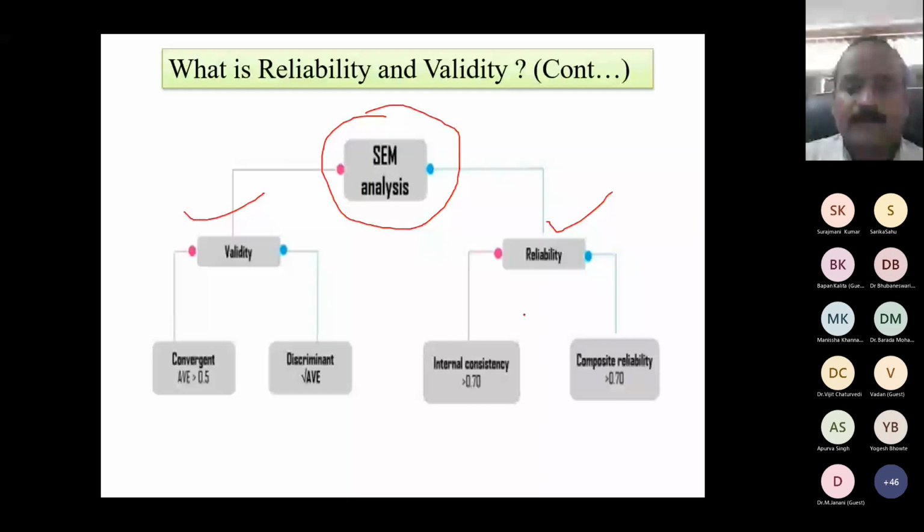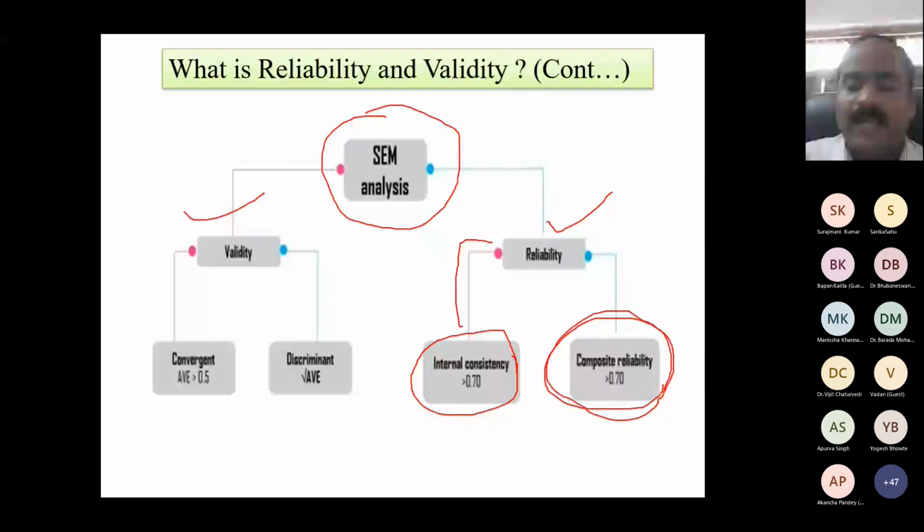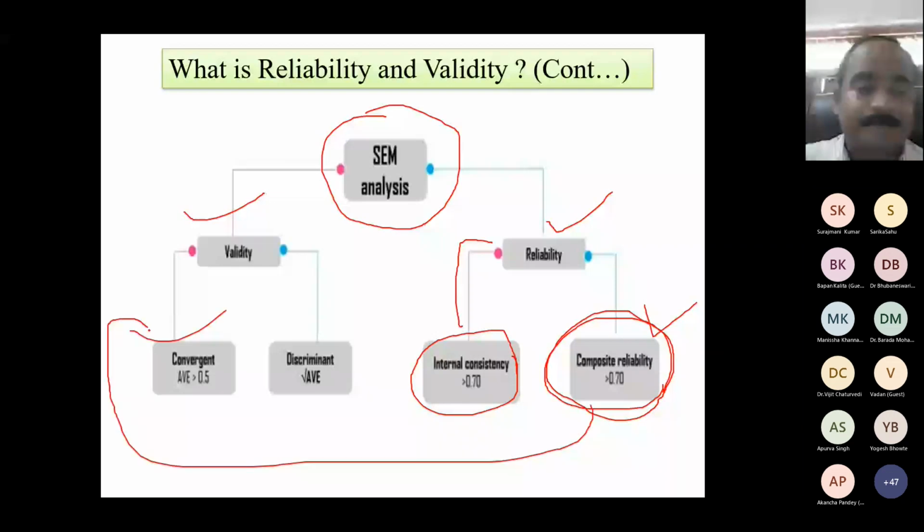Already I have discussed repeatedly since the last 3 sessions the internal consistency. This we can simply calculate as the Cronbach alpha. Another thing is composite reliability. This composite reliability I will show you while I make the Amos operation. Also, this composite reliability is proving the convergent validity.